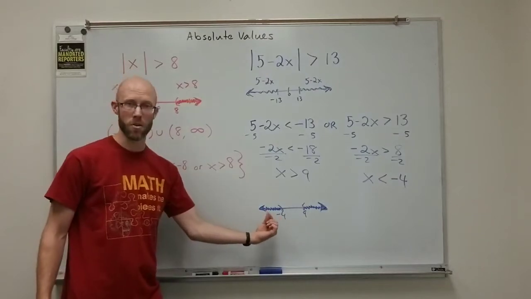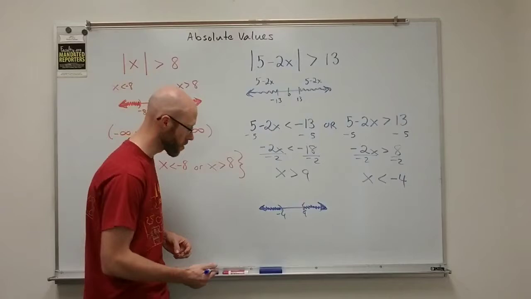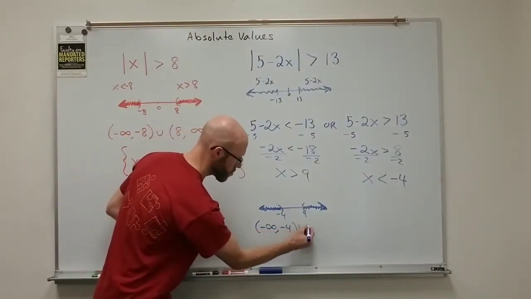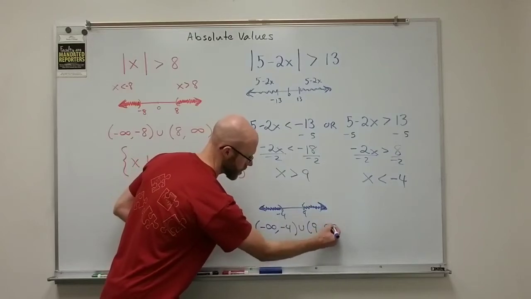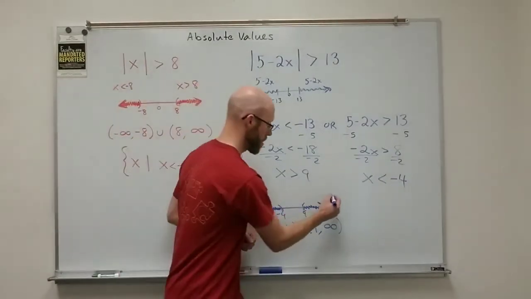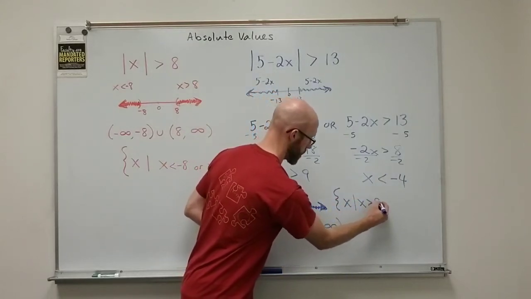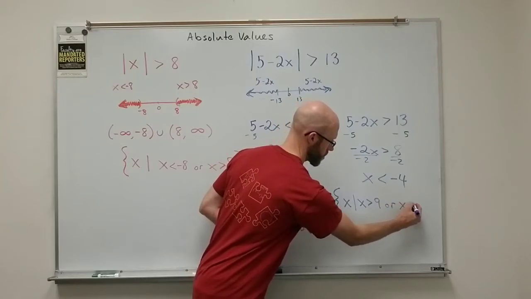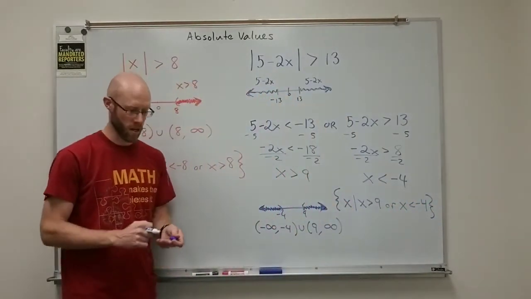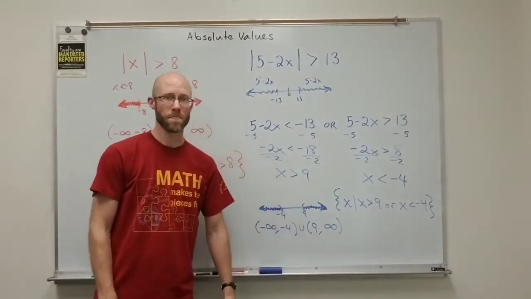And when I combine those into a single set, I can again either use the interval form, which would be negative infinity to negative 4, union 9 to infinity, or I could put them in a solution set, x such that x is greater than 9, or x is less than negative 4. Okay, so again, a couple different ways to represent that solution.